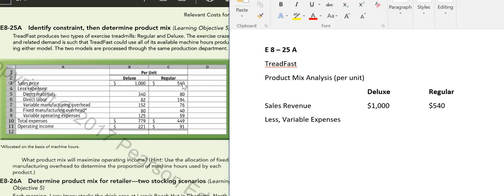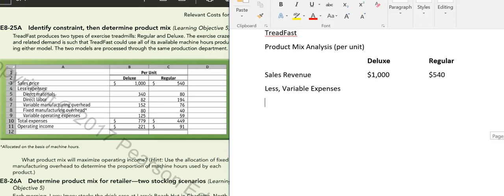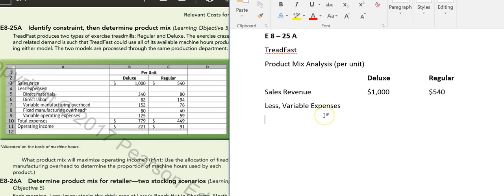Now, if you subtract your variable expenses, and you have three variable expenses. If you want, you could do all three together, or you could do it separately. Let's do it by taking all this information.